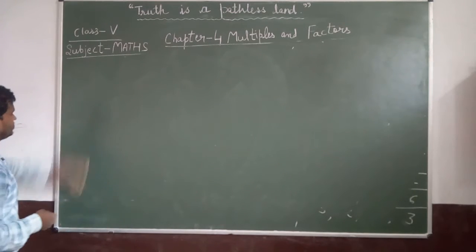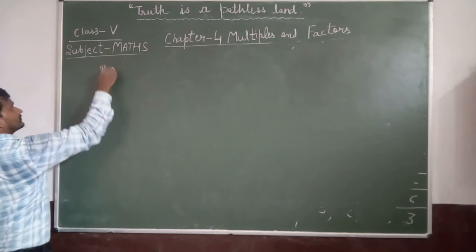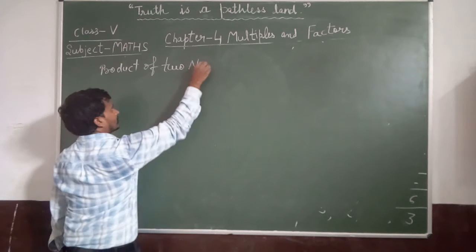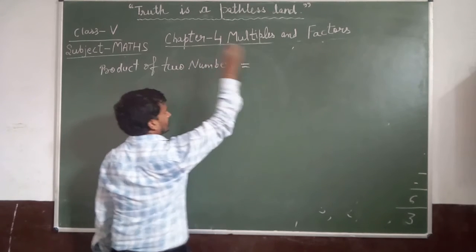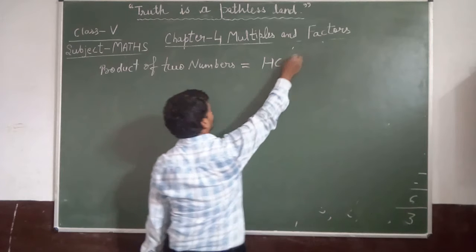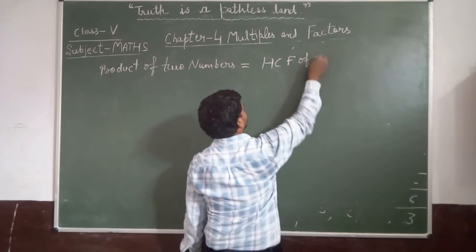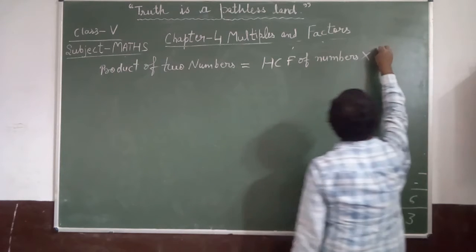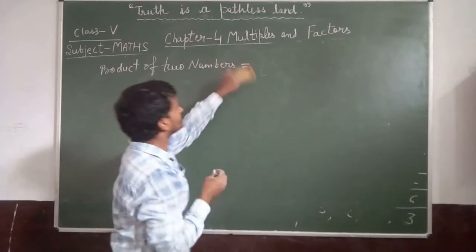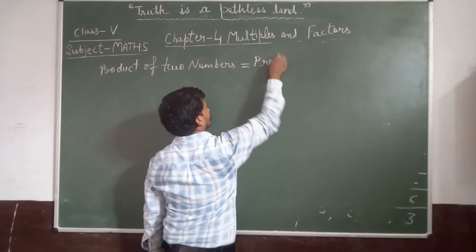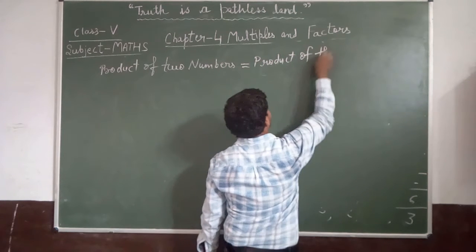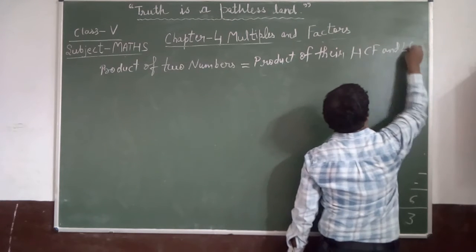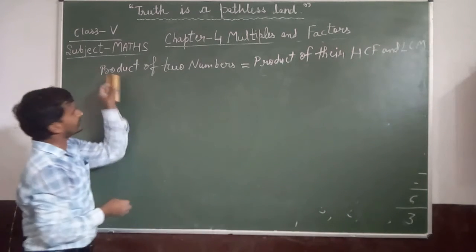According to this property, product of two numbers equals to product of their HCF and LCM.